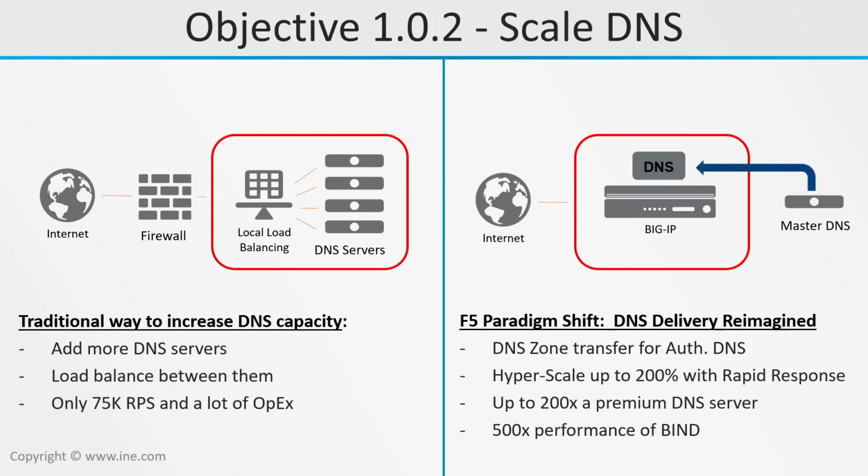It's also able to integrate the zone information from your existing DNS server and act as a hyperscale DNS performing server. You can also utilize rapid response mode for up to 200% your response per queries. It also provides 500 times the performance of traditional BIND.